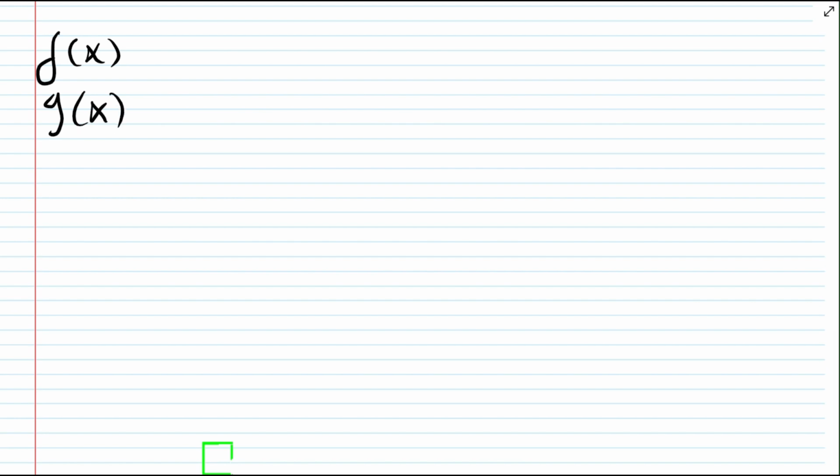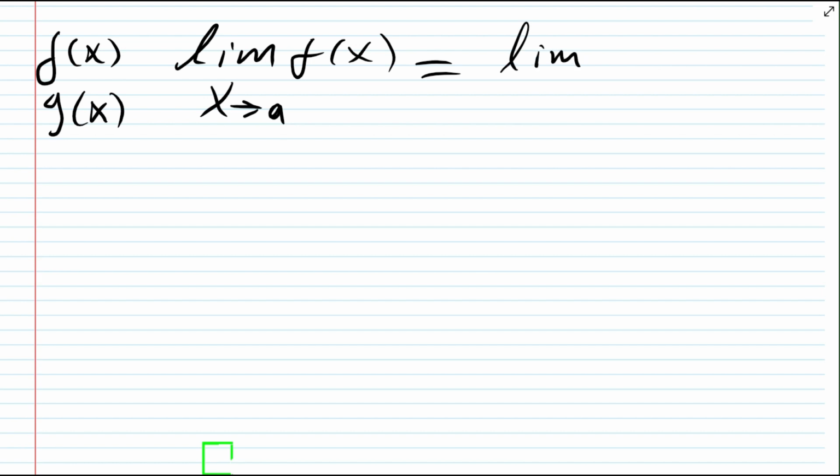The only time we can use L'Hopital's rule to evaluate a limit is if the limit of f of x as x approaches a certain value, which we call a, is equal to the limit of g of x as x approaches that value, right?